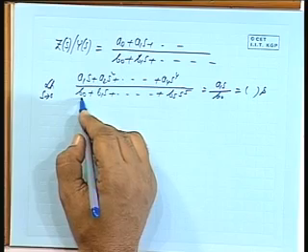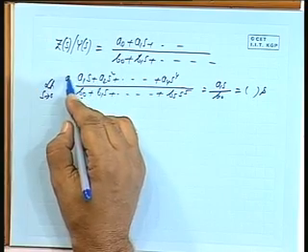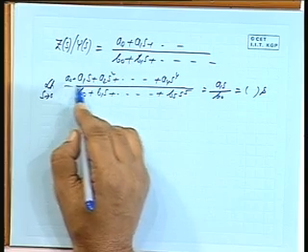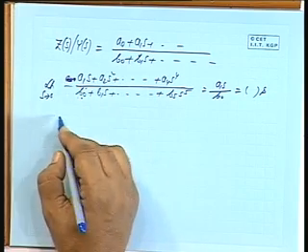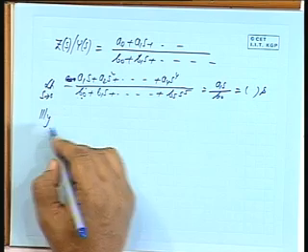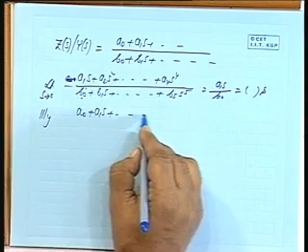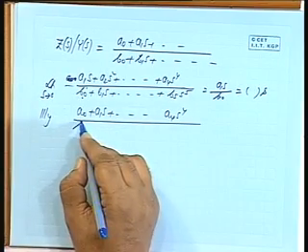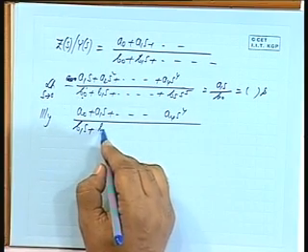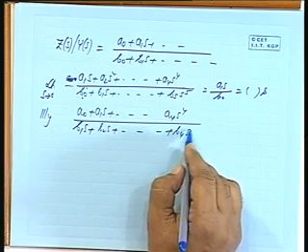Similarly, in the denominator, can B0 be absent? A0 is present, say, but then can B0 be absent? Similarly, A0 plus A1S up to A4S to the power 4 divided by B1S plus B2S square and say B4S4.